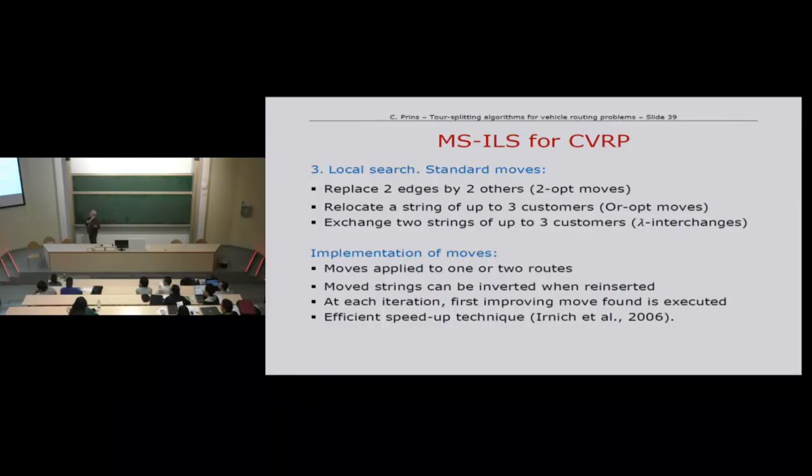The strings of customers which are moved can be inverted when they are reinserted in the destination route. And it is a first improvement metaheuristic, so at each iteration we don't search for the best improving move. As soon as we find an improving move, we execute it, and we move to the resulting solution.